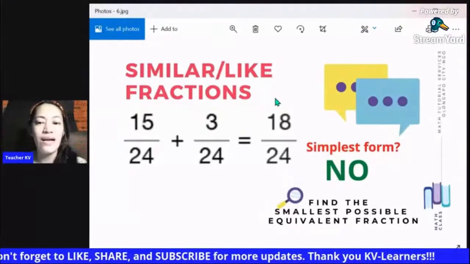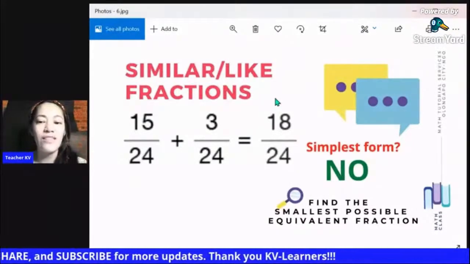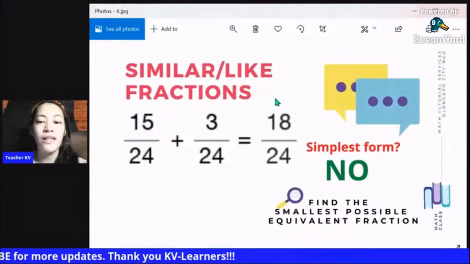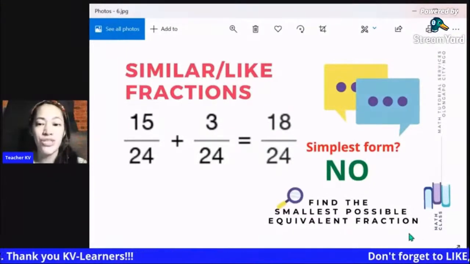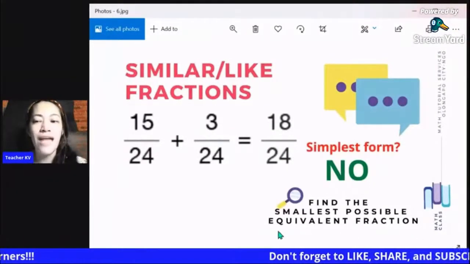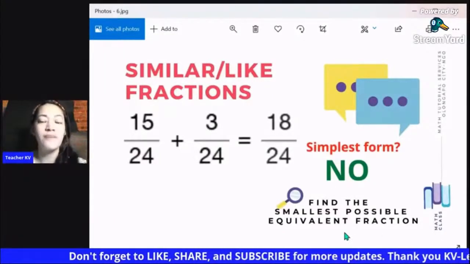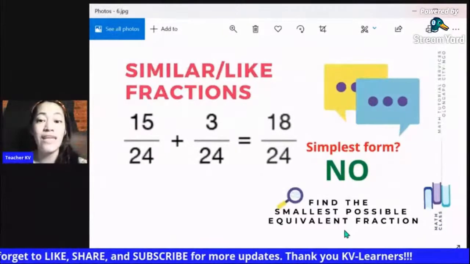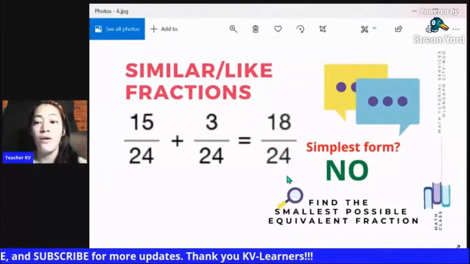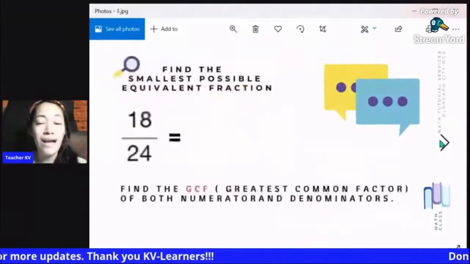So anong gagawin natin? We need to find the smallest possible equivalent fraction of 18/24. Paano natin magagawa yun?